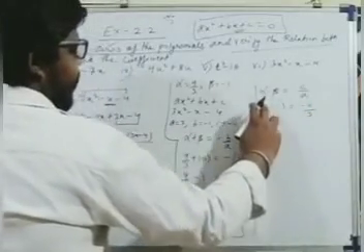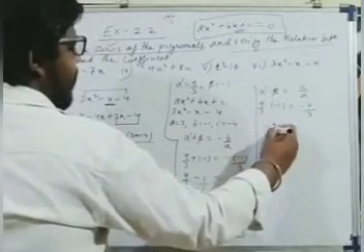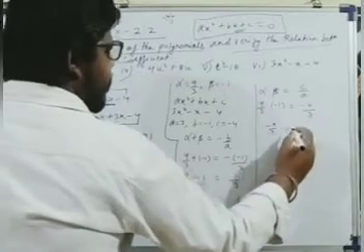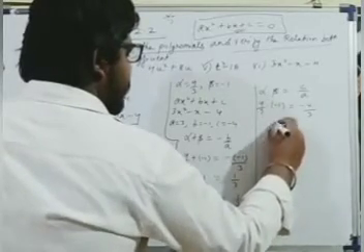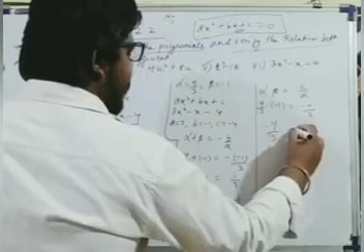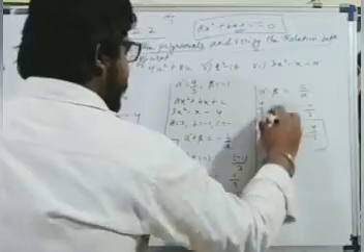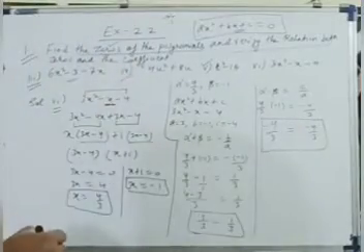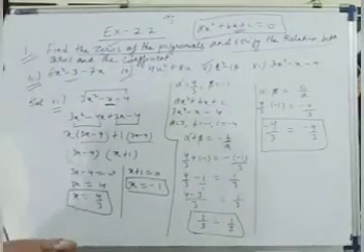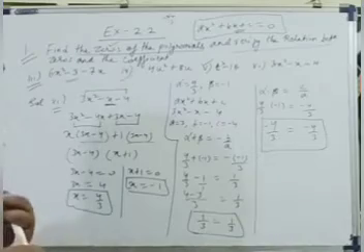So let's multiply 4 into minus 1, which is minus 4, and the denominator is 3. This is minus 4 by 3, and the right side is as it is. So both sides are equal. So in this way, we can verify the relation and find the zeros of the quadratic. Clear?